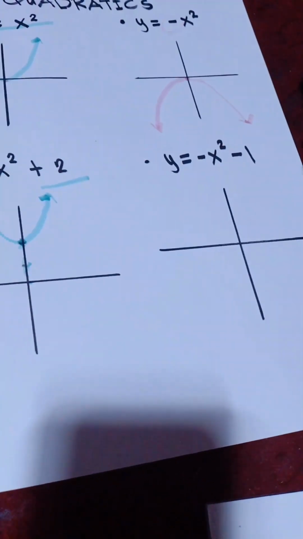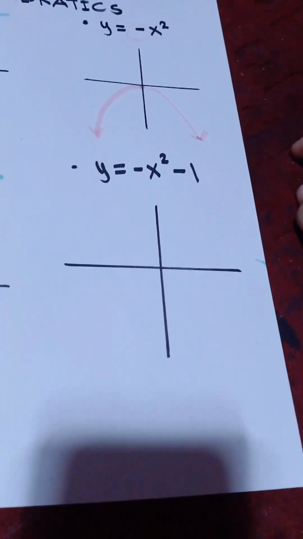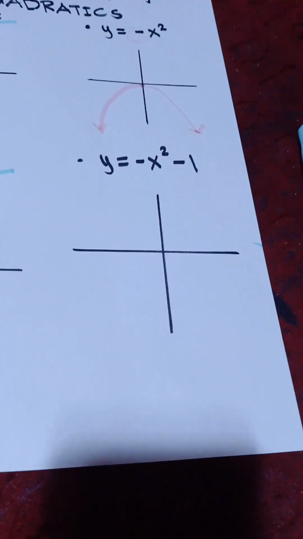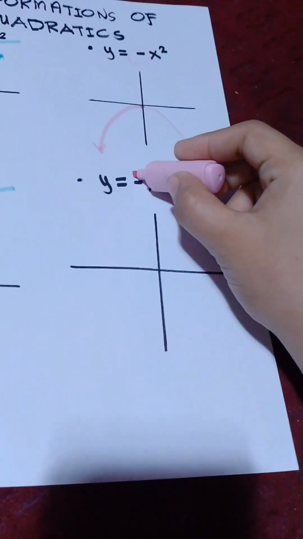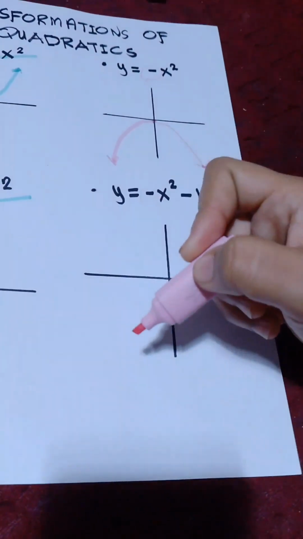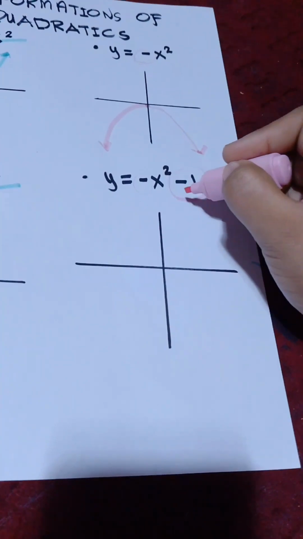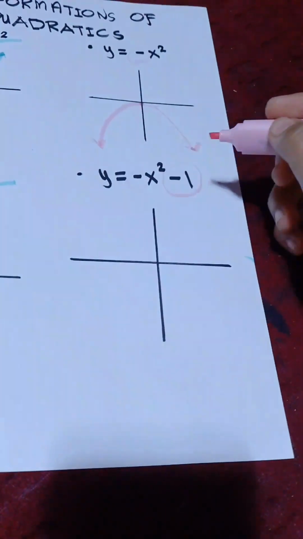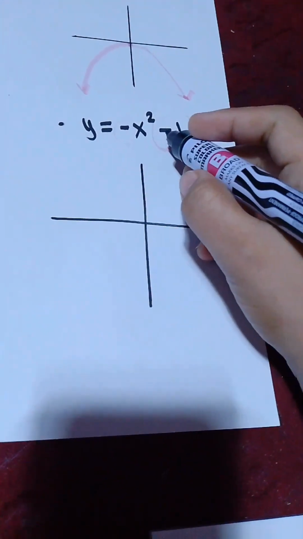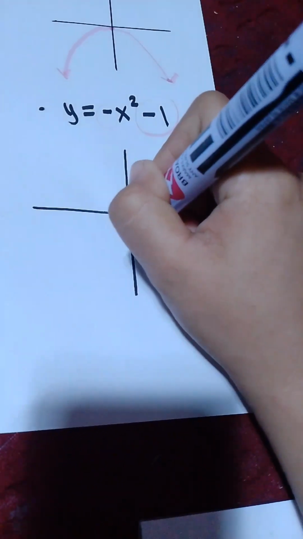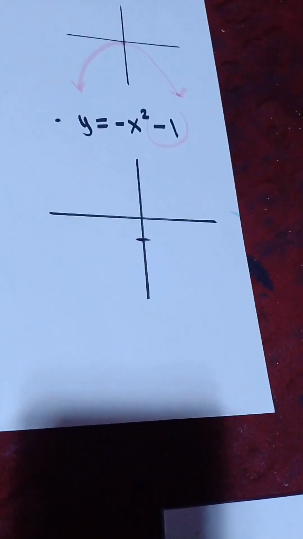What if we have negative x squared minus 1? Since it's negative, the graph will be downward. But we have an attachment of negative 1 as a y-intercept, so we're going to go downward 1 unit.